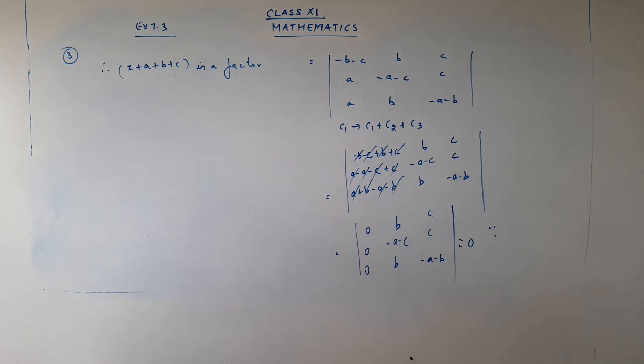Therefore, x plus A plus B plus C is a factor. So we got two factors. First one was x square is a factor, and the next one is x plus A plus B plus C is a factor.